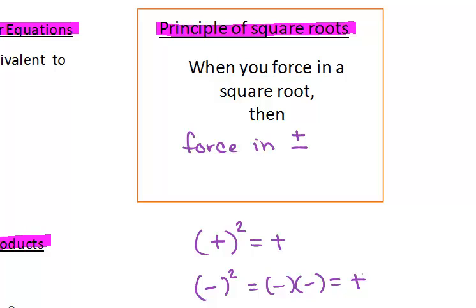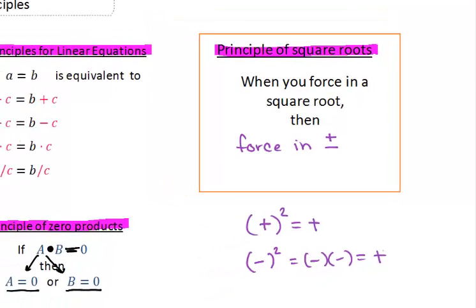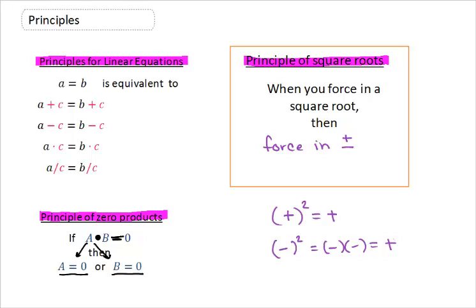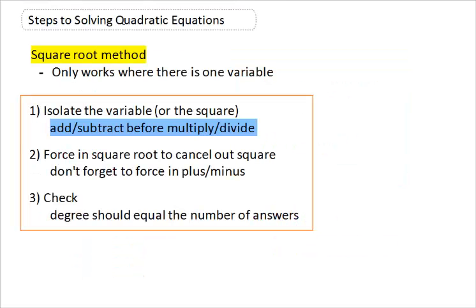So if we square things and it cancels out both the positive and the negative, then we need to remember that when we do the opposite order, if we square root things, we need both the positive and the negative. So now that we know this principle, let us learn the steps to solving an equation using the square root method. Now, the key to this method is that this only works when there is one variable. If there is more than one variable, then you cannot solve it using the square root method.